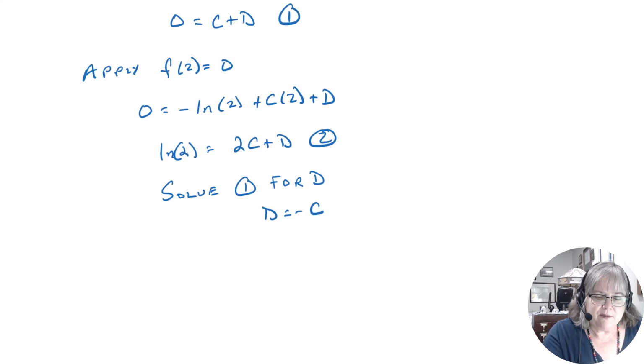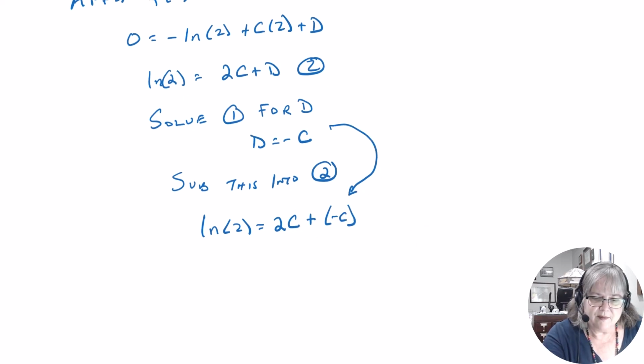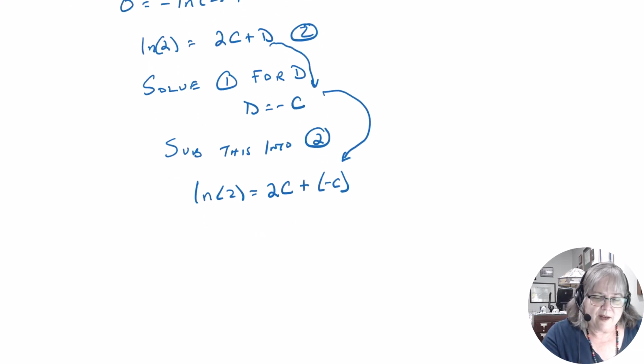And then I'm going to substitute it into equation 2. So I'd have the natural log of 2 equals 2c, but d is a negative c. Now I have one equation and one unknown: the natural log of 2 equals 2c minus c, which is c. So I know c is the natural log of 2.